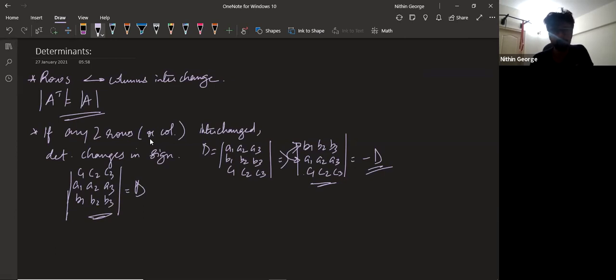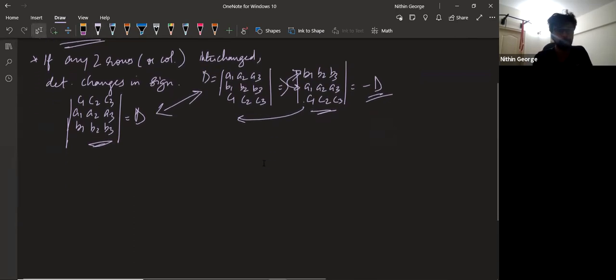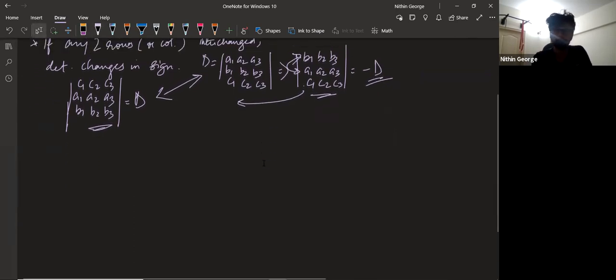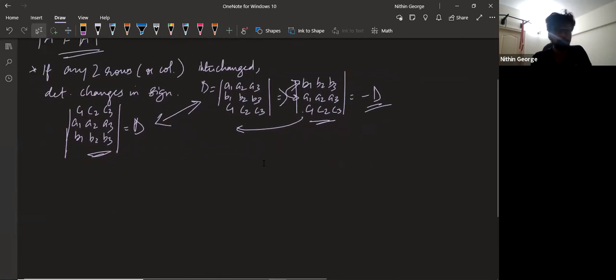This is one more change, so minus D becomes D again. Going from the first determinant to the last determinant, you have to make an even number of changes. So minus one into minus one. I hope this is clear to everybody.